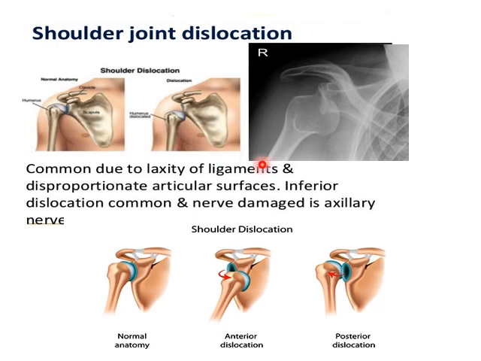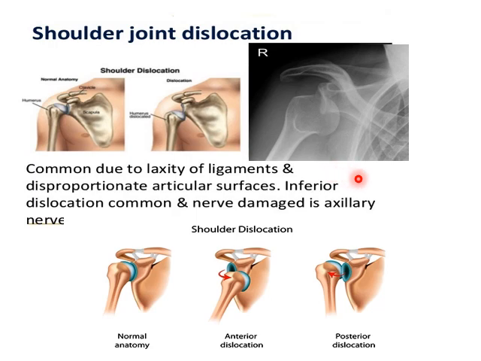The dislocations are common due to laxity of ligaments and disproportionate articular surfaces, which can happen during development and during injuries.